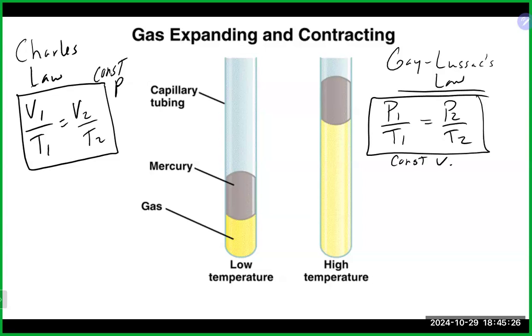Now, when we think about what happens in each of these cases, we'll start with Gay-Lussac's law. If I have gas molecules in this container and I increase the temperature, I would expect my gas molecules to start flying around a lot faster.